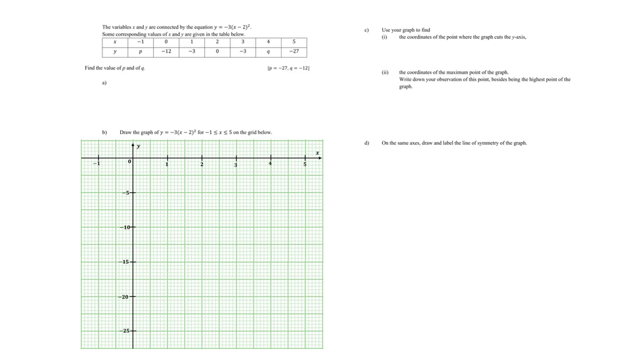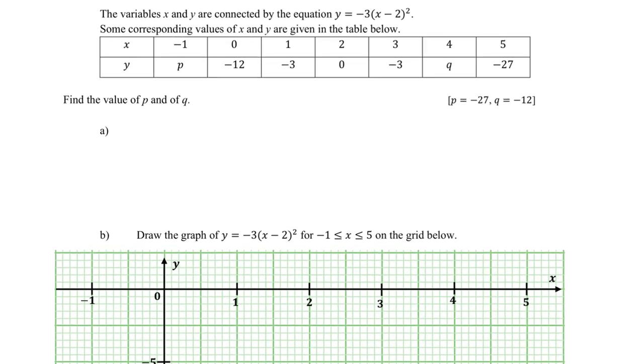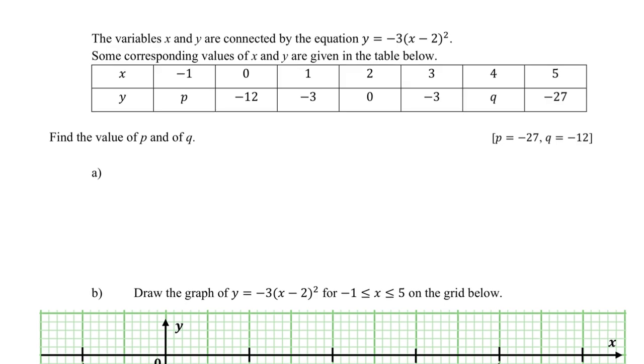So let's zoom in on part A, where we are required to find the value of P. P happens when x is equal to -1, which means that given the following equation, we are going to substitute the value of y as P and the value of x as -1.